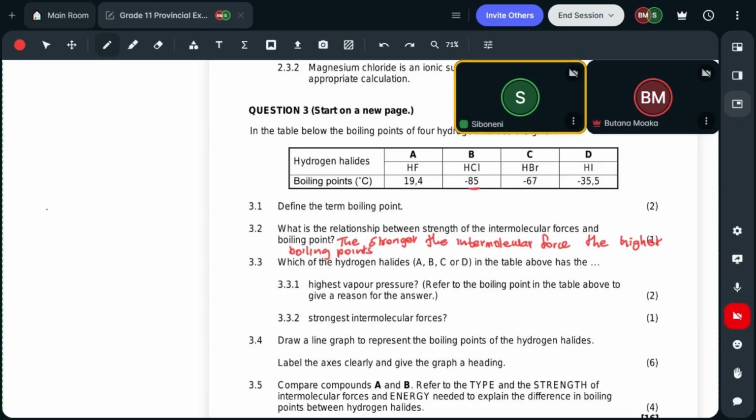So what is vapor pressure? Do you know what is thermodynamic equilibrium? No. When you put something in a closed system.